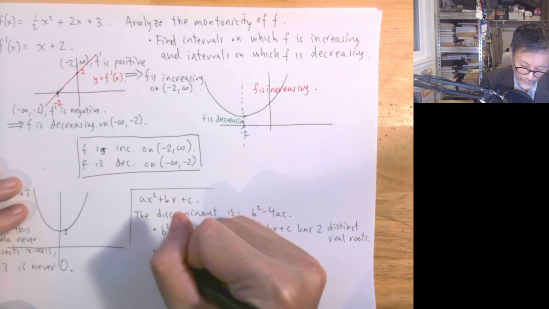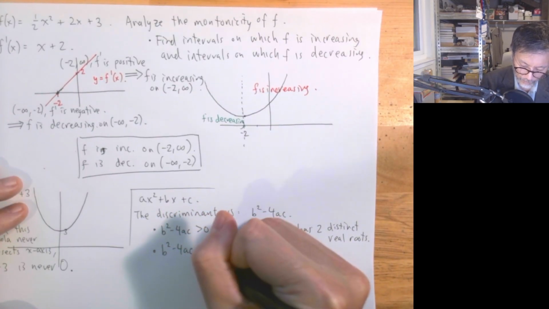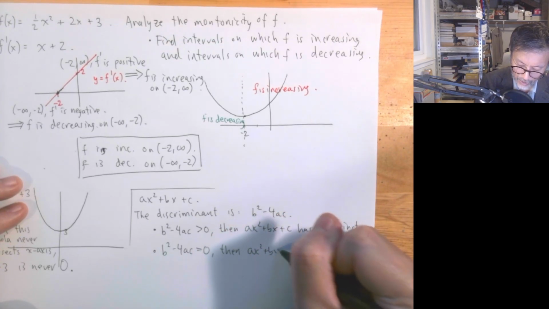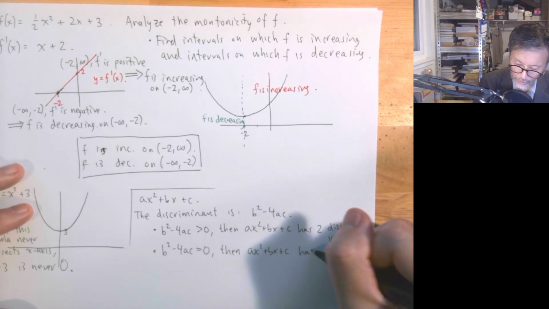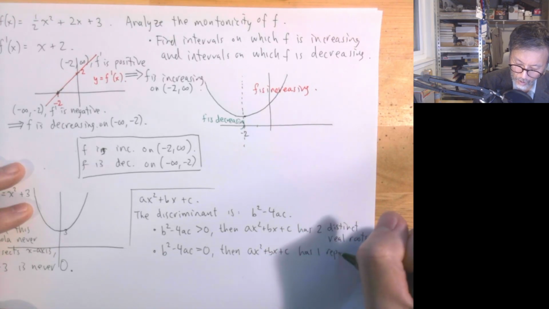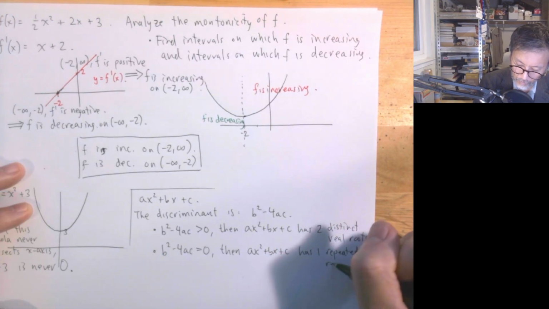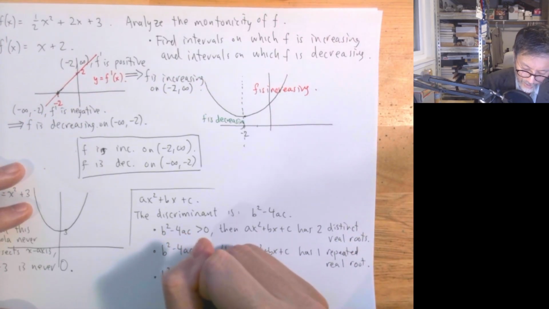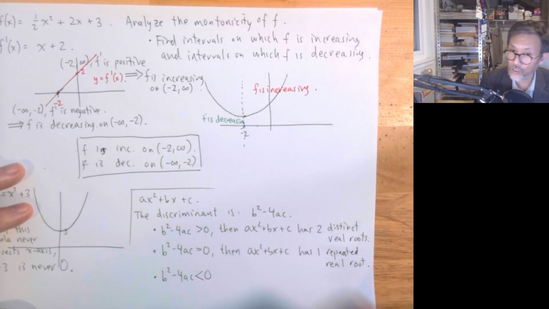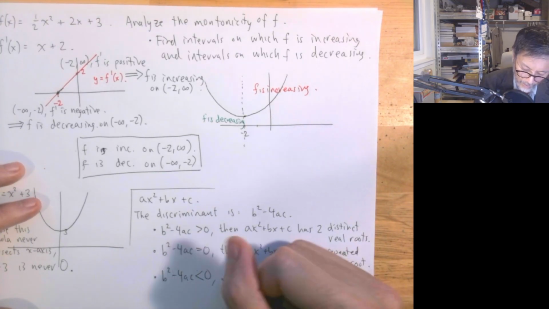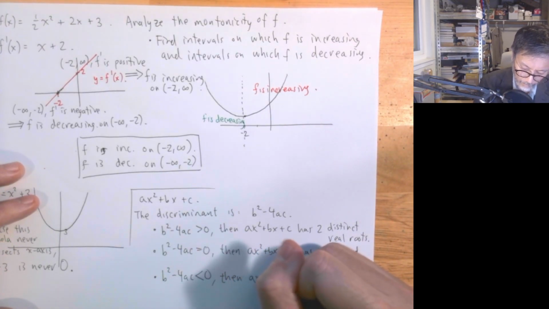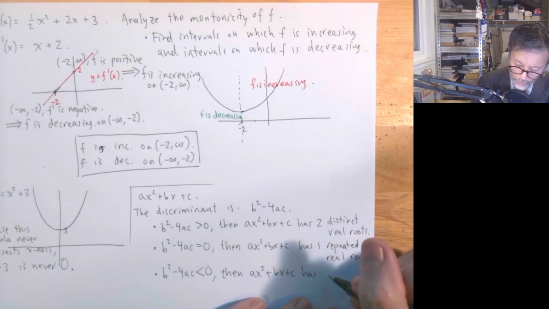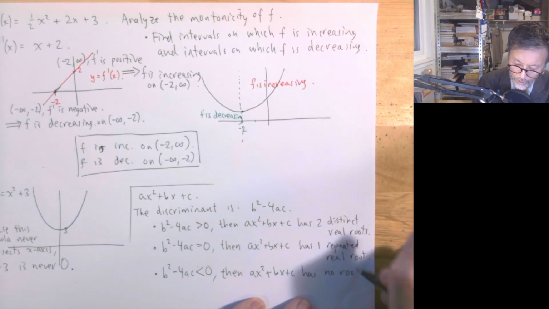If b squared minus 4ac is equal to 0, then ax squared plus bx plus c has a repeated root. And finally, if b squared minus 4ac is negative, because you can't take the square root of a negative number, it has no roots. No zeros.